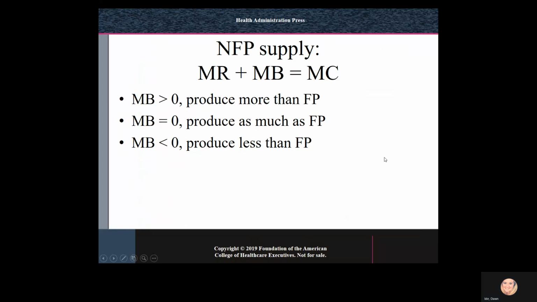Now, what does this mean, right? So when we're talking about not-for-profit and for-profit, again, I want you to remember that our for-profit and not-for-profit are really kind of the same when it comes to having to make money, right?